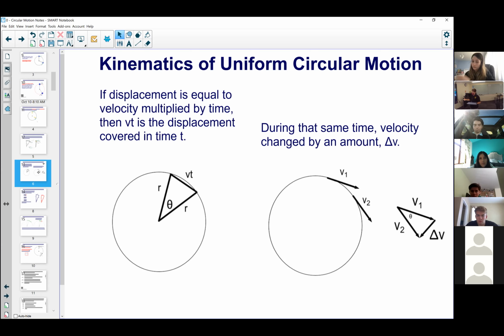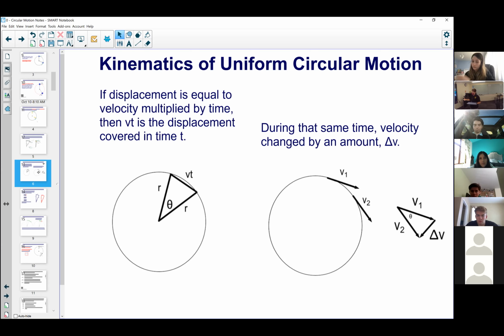Because the starting points are the same, the angle theta has to be the same. So this angle in the second triangle to the right and this angle in the initial triangle on the left have to be the same angle.